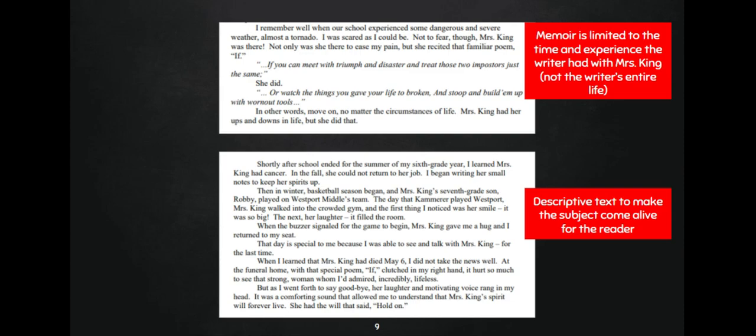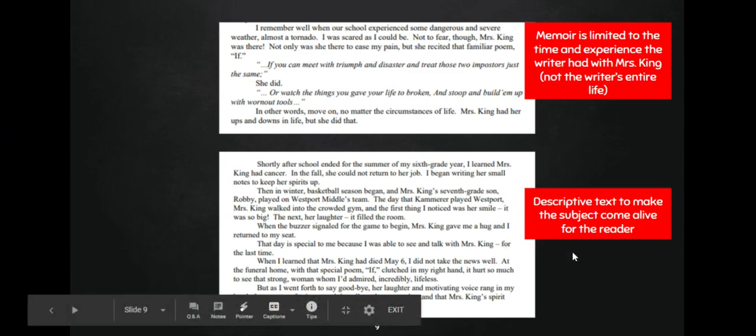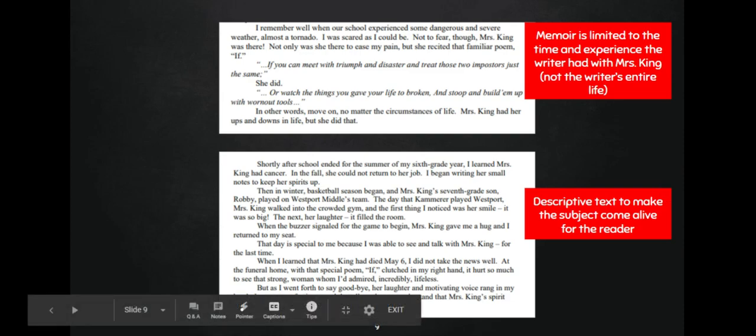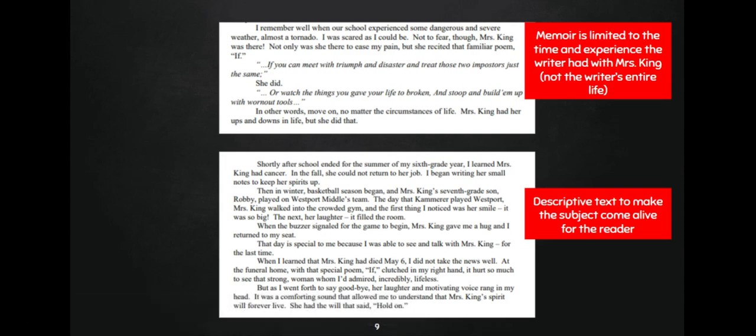And throughout, not just in this part that I'm leading us to, we've got descriptive text. We have it everywhere to make the subject come alive for the reader, so that we can almost feel as if we were there to see and hear Mrs. King and hear her laughter, and feel the sadness of when our writer was at the funeral home after Mrs. King had died.